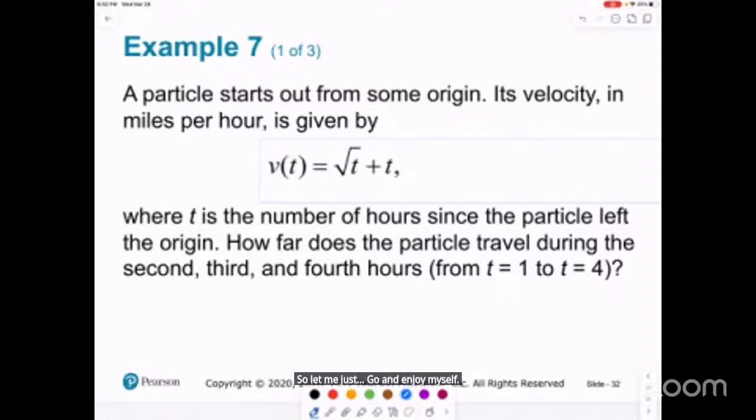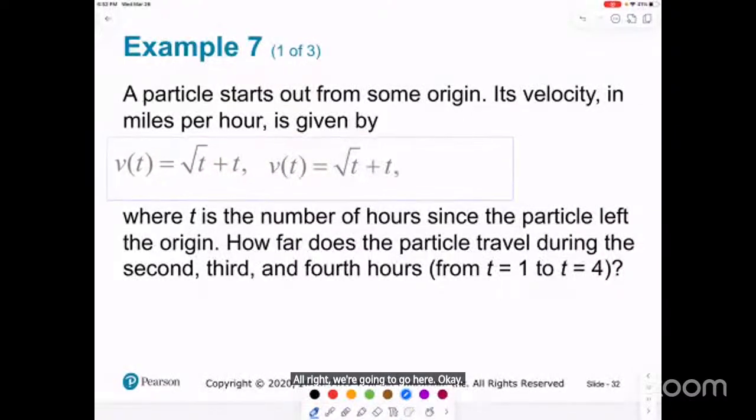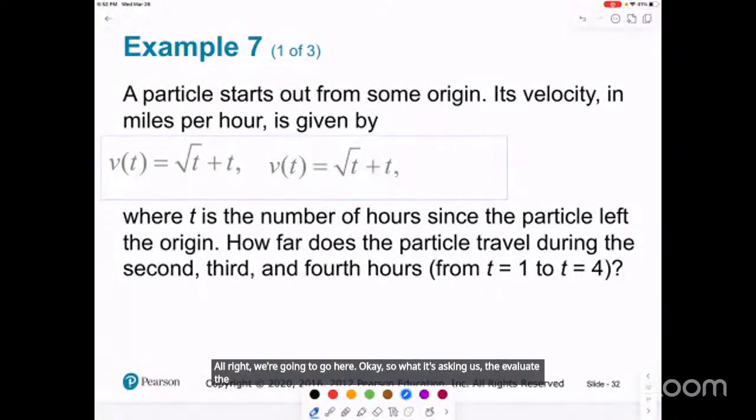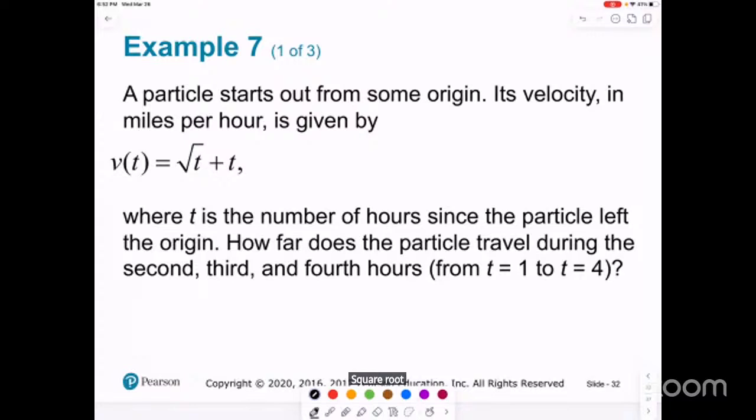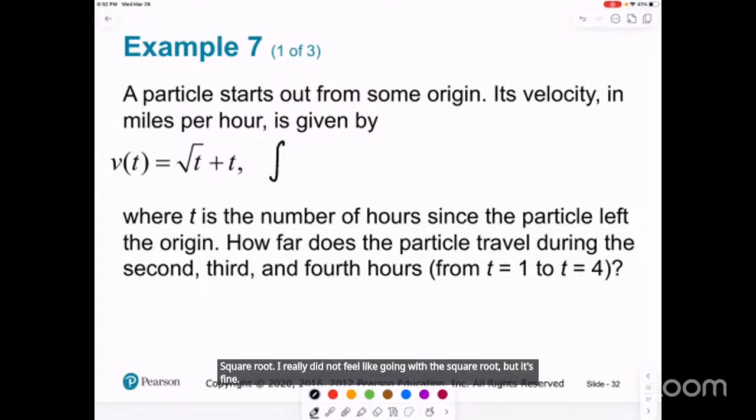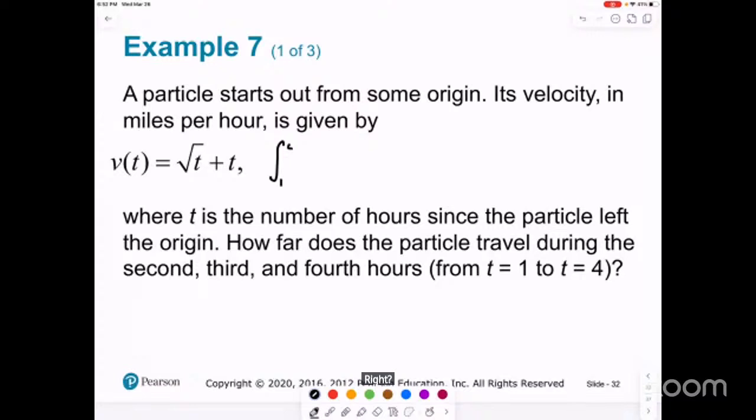Okay, all right, we're gonna go here. Okay, so what it's asking us, evaluate the integral as x goes from 1 to 4 of this function, square root, I really do not feel like dealing with the square root, but it's fine, dt. Okay.